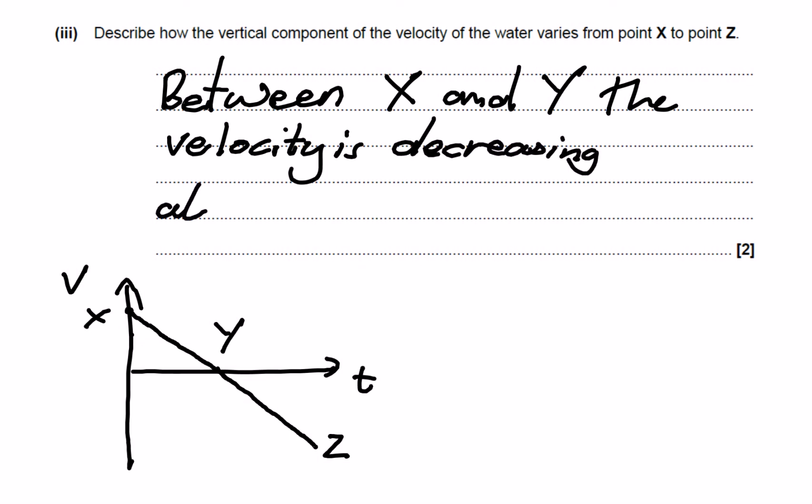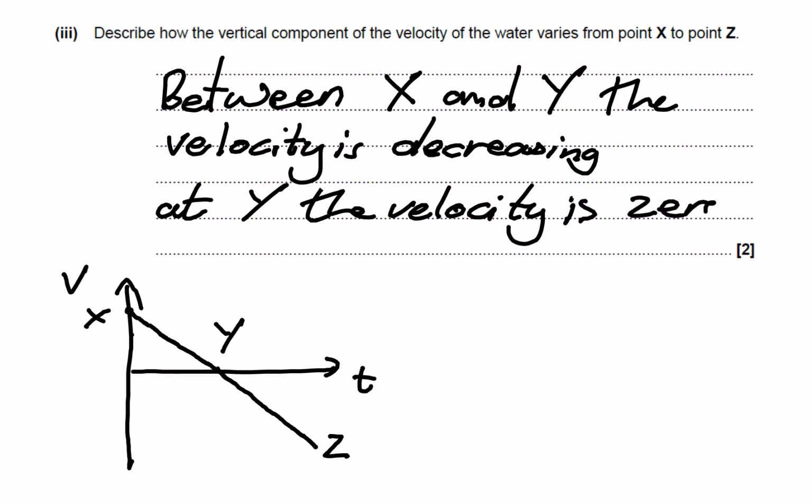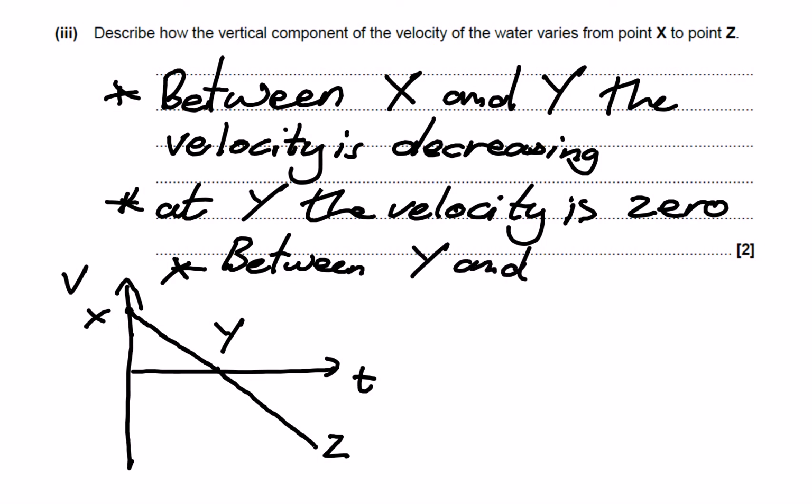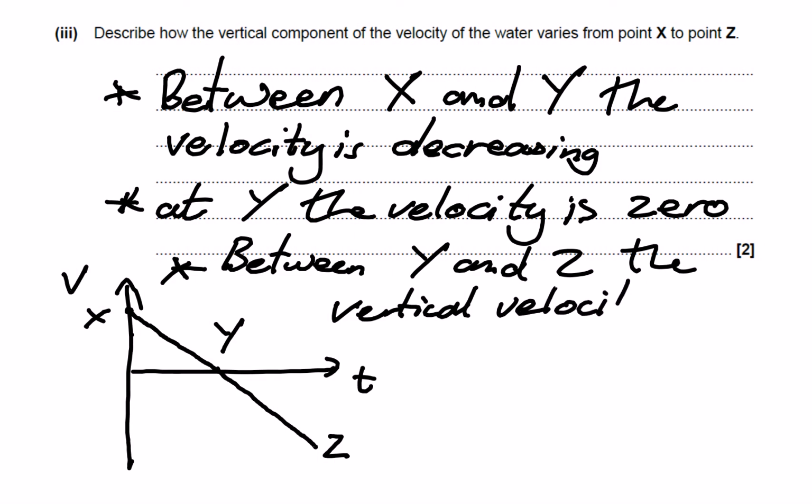I would say the special case is at Y, the velocity, or the vertical velocity, I should say, is 0, and bullet point these bits, and then I would go between Y and Z, the vertical velocity is increasing.